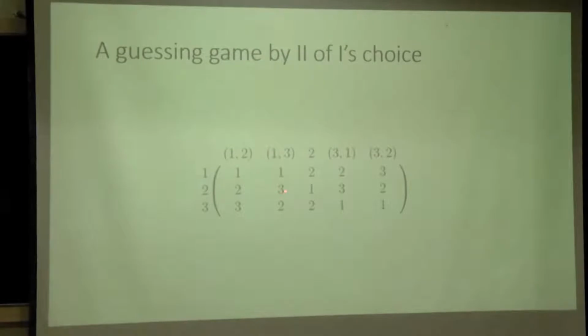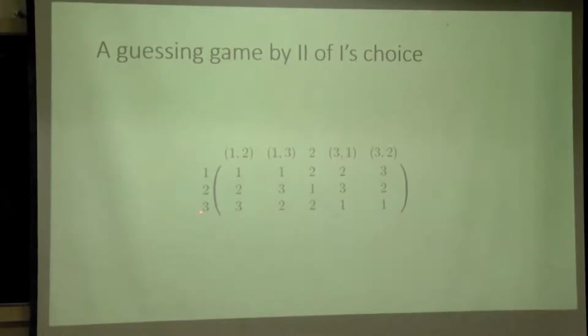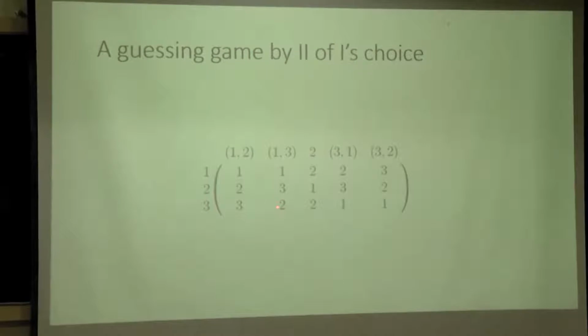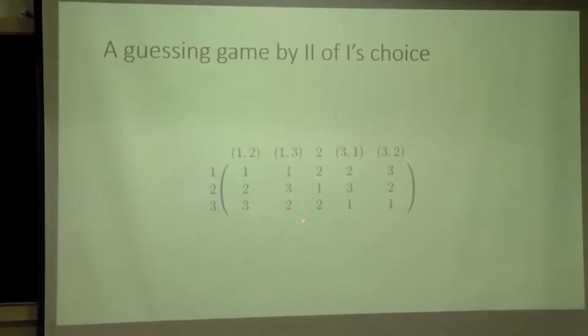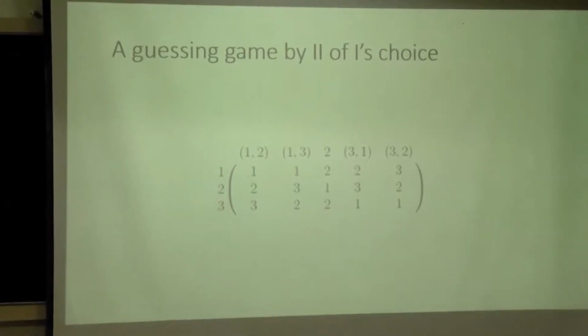His first guess was 1. He says yours is too low. Then he went to the other end. He chose 3. Then he says yours is too high. Then he comes to the correct one, 2. So he took 3 trials to come to the correct answer. In this one, he chose 3. His first guess was 1. Then this guy says, oh, yours is low. But then his second guess is 3. Then it became correct. Are you with me? So like that, this entire matrix is filled up.